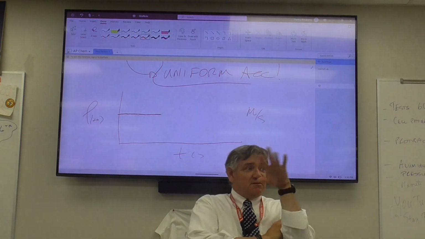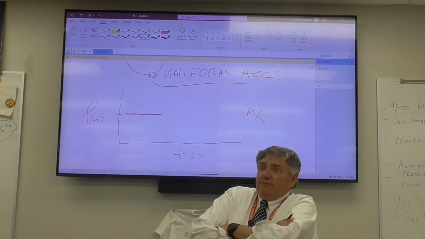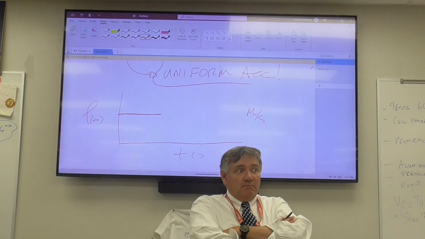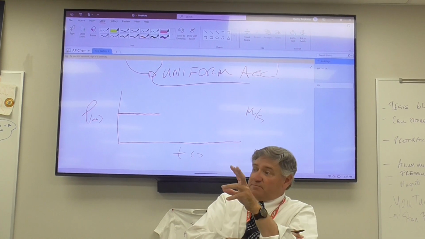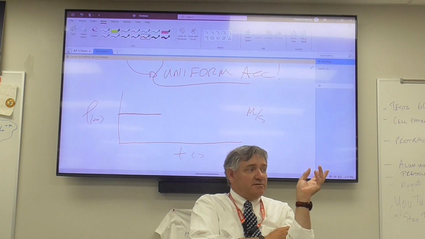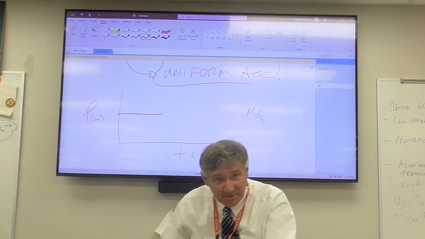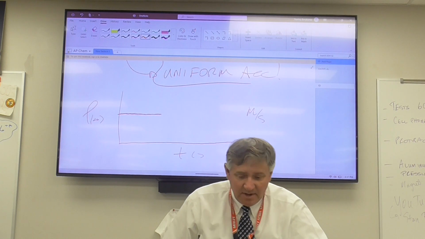If you have a horizontal line on a position time graph, what's the object doing? Nothing. It's not moving. Time's going by, but guess what? You're not moving. So if you have a horizontal line on a position time graph, that just means that you're at rest. Okay? Because the slope represents velocity, and a horizontal line has a slope of 0, that means that you're at rest.